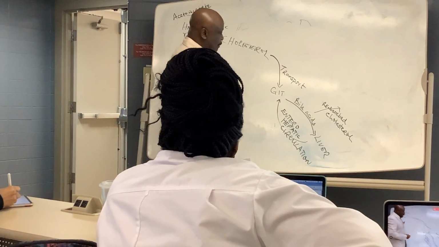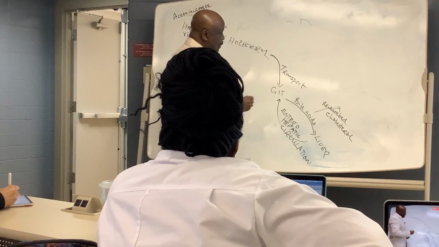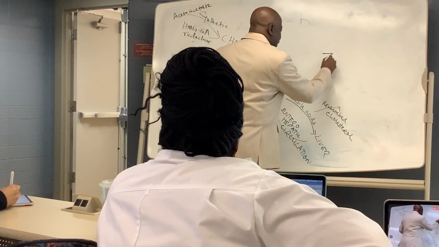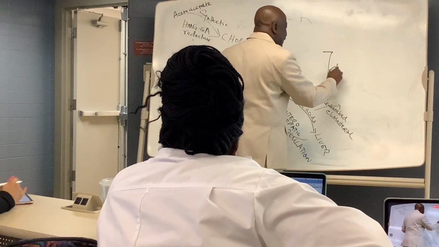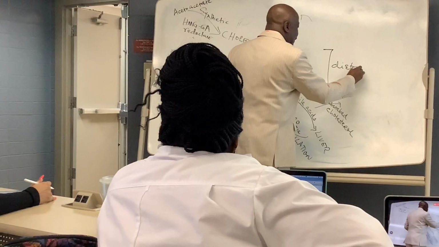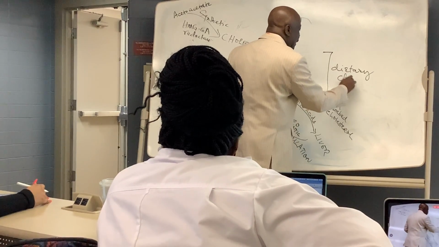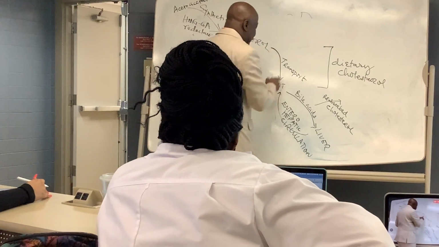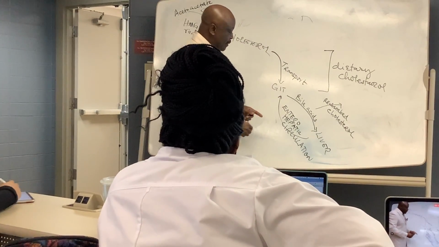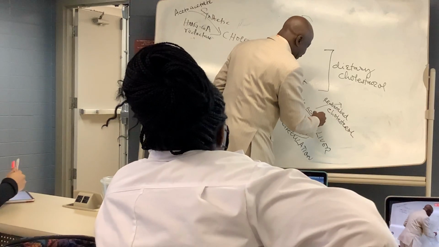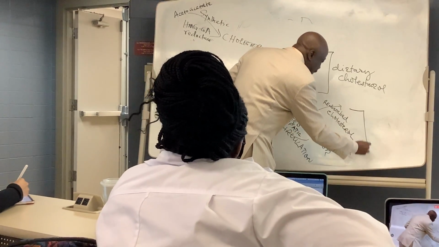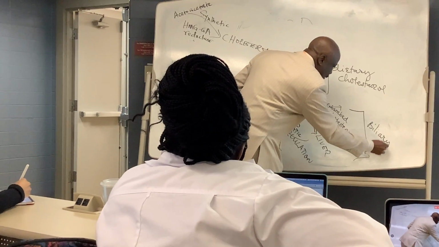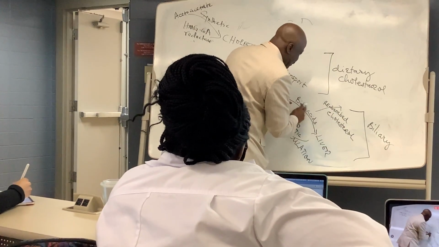So now, which means there are two types of cholesterol there. There's what you call dietary cholesterol. It's the one that you have taken through the diet, ends up in the GI tract. Then there is the one that is called biliary cholesterol. That is the one that is bound to bile acids.